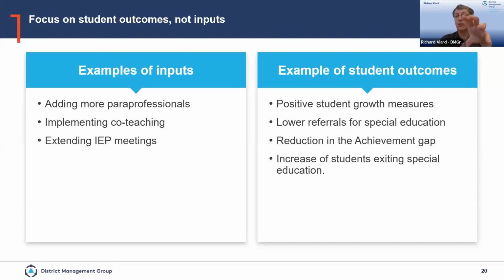Without focusing on the results and the student outcome, the activities have really no measure of success. So it's really important to focus on student outcomes first, and then derive the activities you're going to do to measure whether they have an impact.